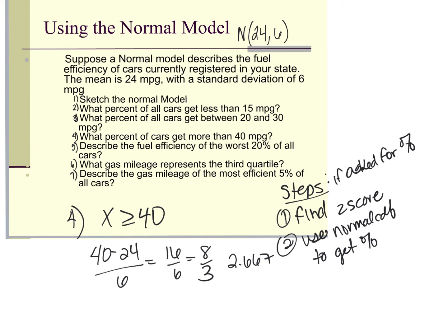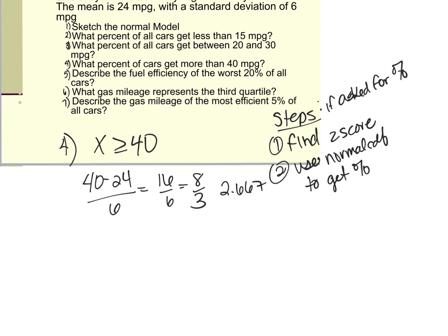And your answer is going to be off when you round too much. Look at the difference. Okay? Hold on, normal CDF. Because it's greater than, our lower boundary is the z-score, comma 99.